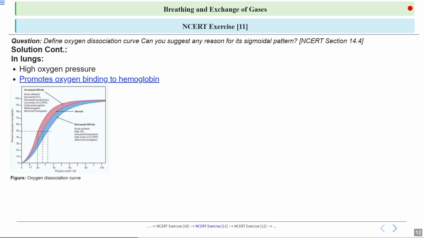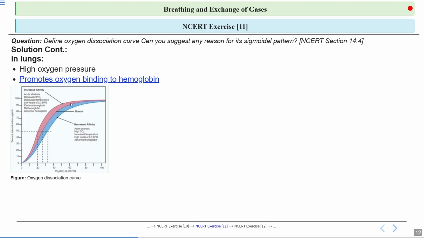As the partial pressure reaches from 10 to 20, you can see here 50% of hemoglobin got combined with the oxygen. Now at 40, what happened? Here 80% of the hemoglobin got combined with the oxygen. Now what happened at 60?